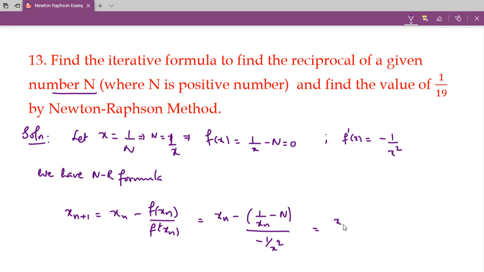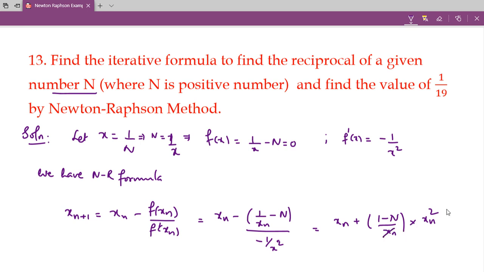So this is equal to xn plus, when you take the LCM, 1 minus n xn divided by xn, and this becomes into xn square.